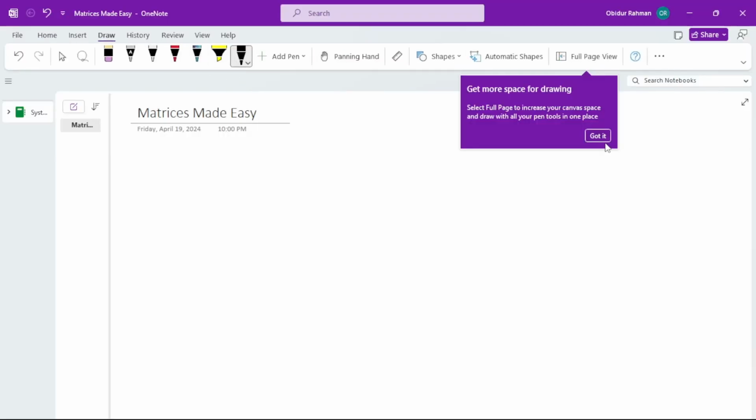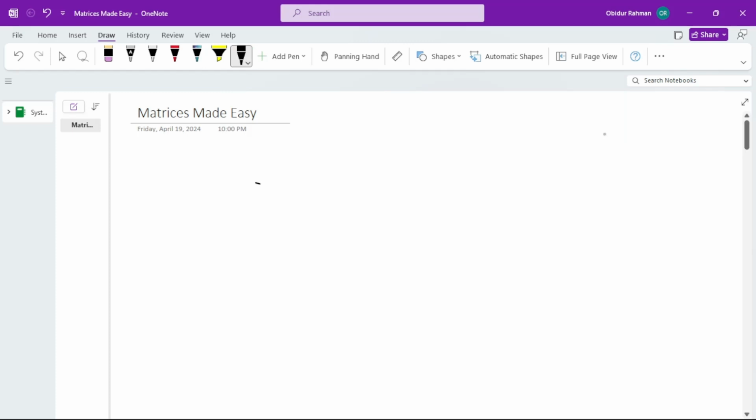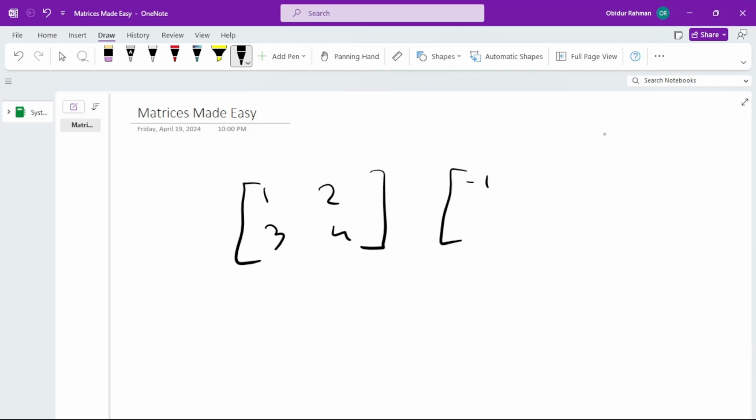See, we have two matrices, one is 1 2 3 4, the other is -1 -2 -3 -4. We're going to add those two. It's really easy. What we're going to do is take the first element and find its position.